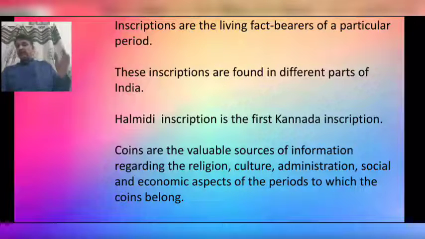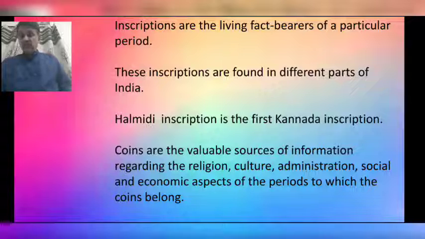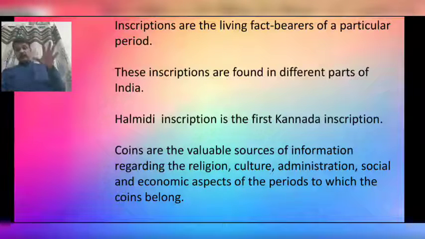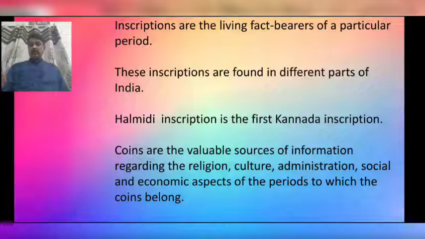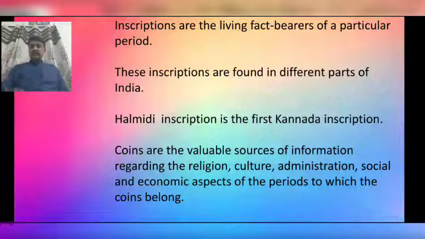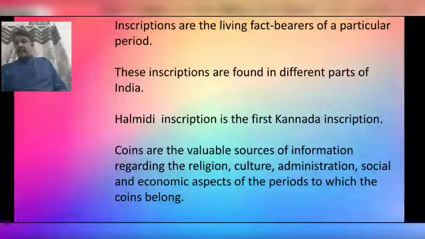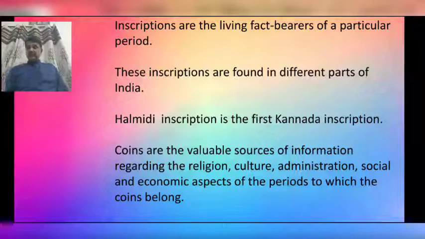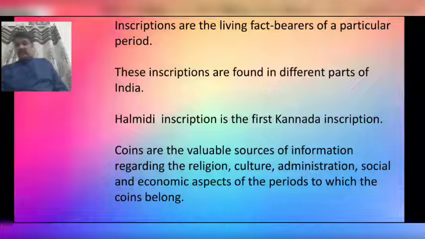Samudragupta minted seven different types of gold coins based on the pictures on those coins. It is said that Samudragupta was a lover of music and he conducted the Ashwamedha Yaga too. Gautamiputra Satakarni erased the name of Nahapana on his coins and engraved his own name on them.